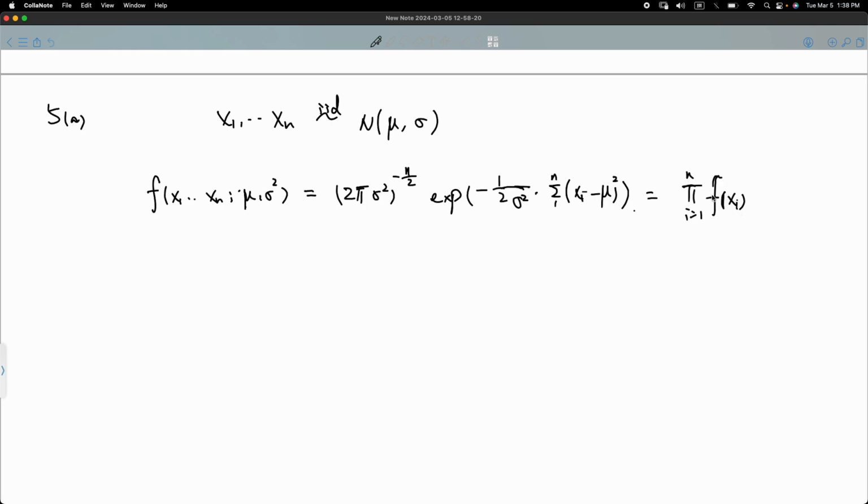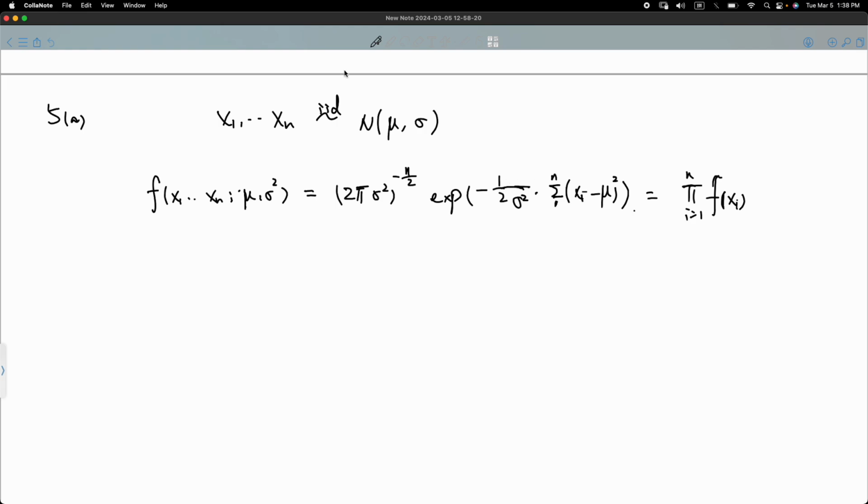If you take the product, that one will become an n, and instead of one copy you will need to do the summation. The reason is that the product of the exponentials is the exponential of the sum, so you have a summation here. Okay, so that is the joint PDF.